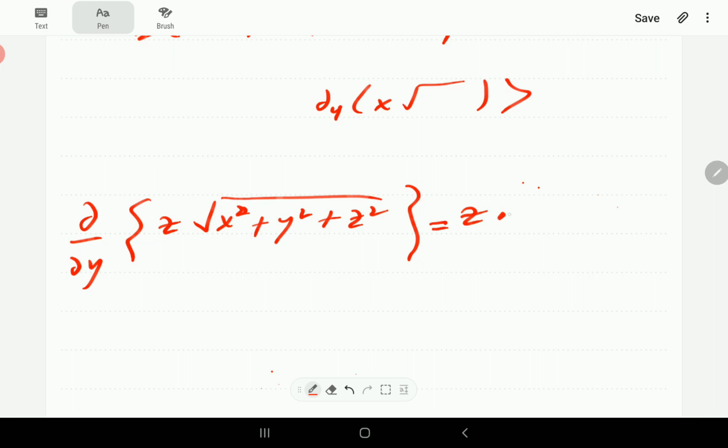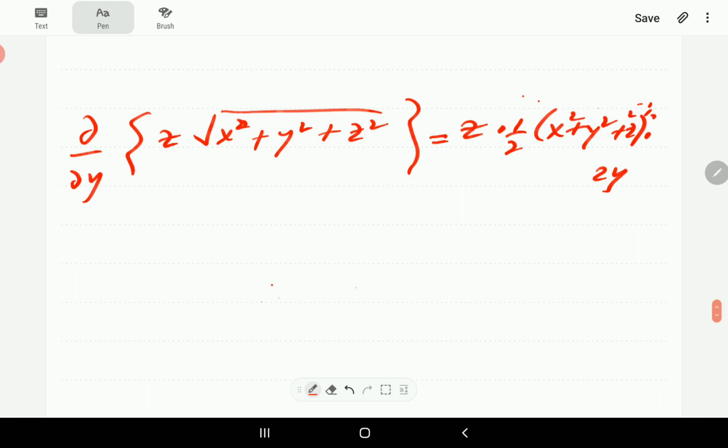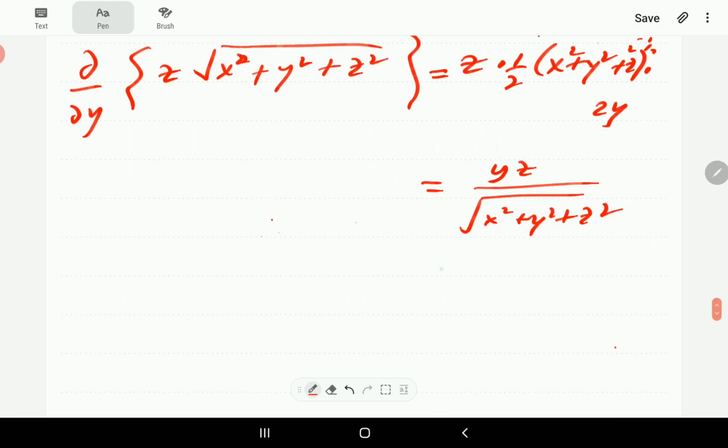We're going to have z times 1/2, then x squared plus y squared plus z squared to the power minus half, and then times 2y. The half and the 2 cancel out, so we have yz over the square root of x squared plus y squared plus z squared. If you like, this is the same as yz over r, because this is just r.